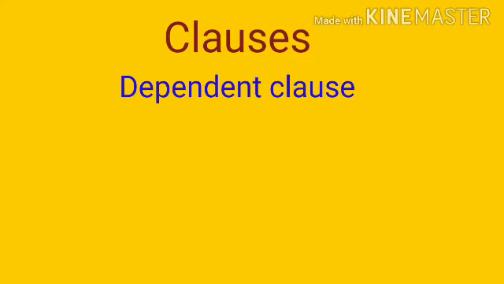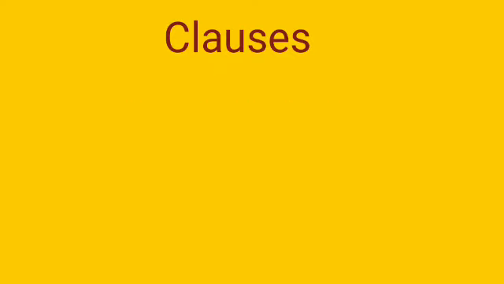For example, whatever you like. Here, you is the subject and like is the verb, and the whole sentence has a meaning as well, but it is incomplete. Now, let's add a main clause to this clause. You may write whatever you like. Now, here the thought is complete with one independent clause and one dependent clause.